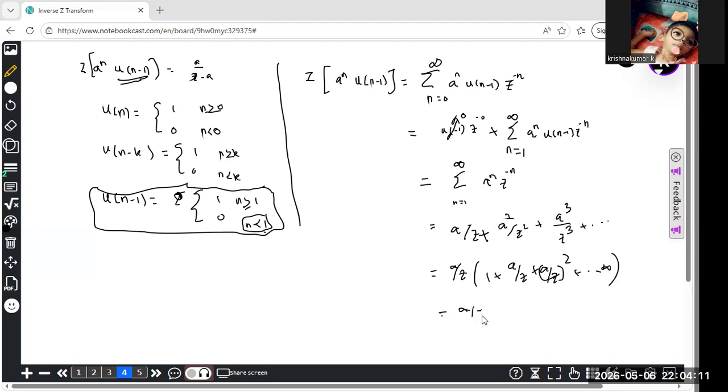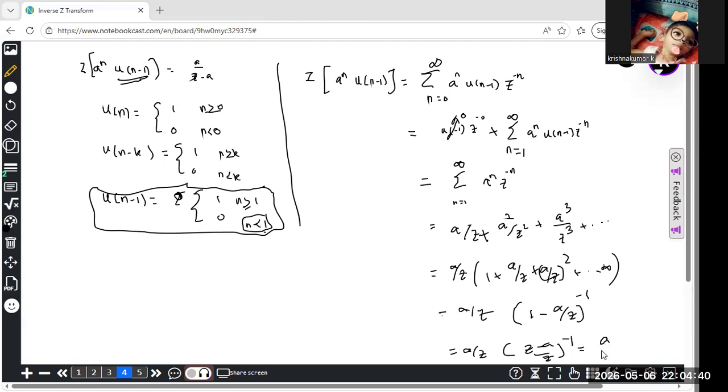So a by z, and for this one, already you know the formula: 1 plus x plus x square and so on will be equal to 1 minus x whole power minus 1. So a by z into, if you take the LCM, z minus a divided by z whole power minus 1.